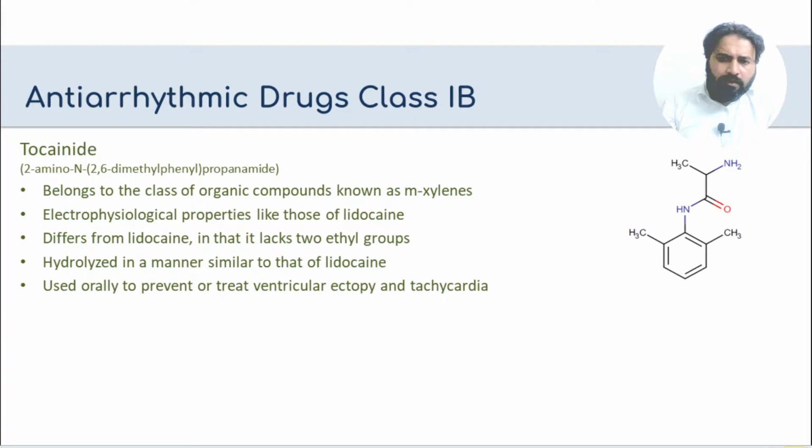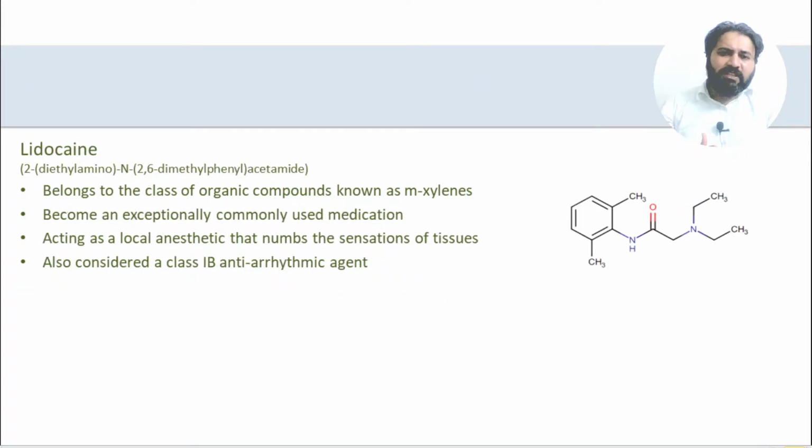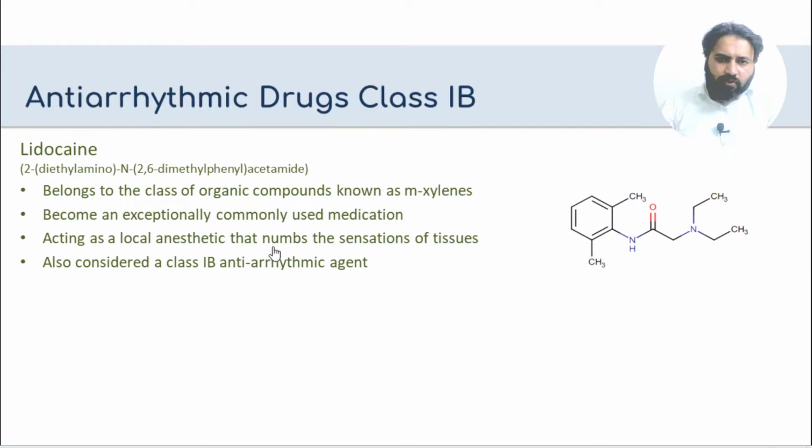Now the next compound is lidocaine, as we have been talking about lidocaine many times. It is a very important drug. This is the IUPAC name of lidocaine, and it is a derivative of gramine.